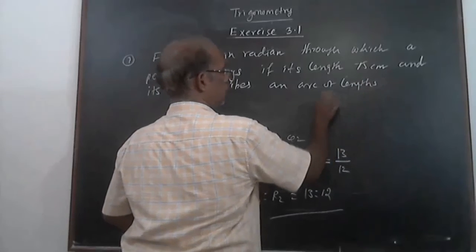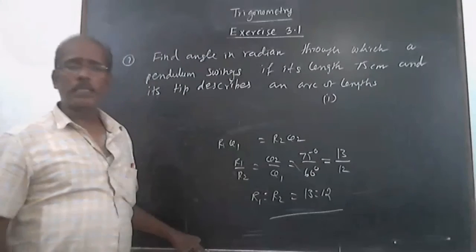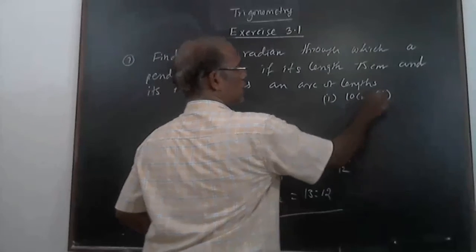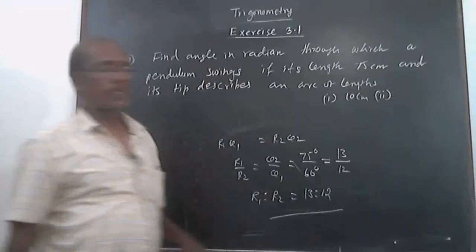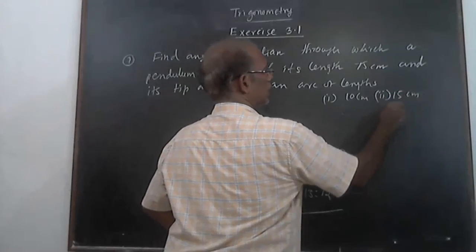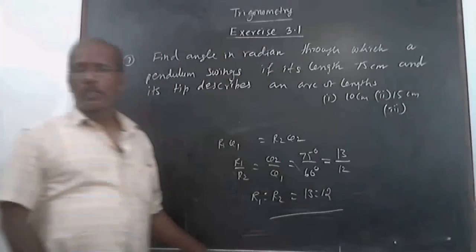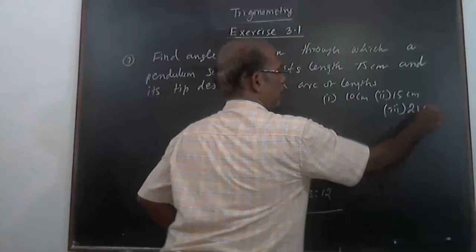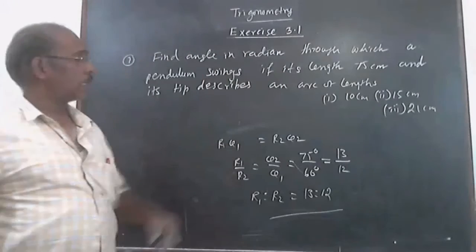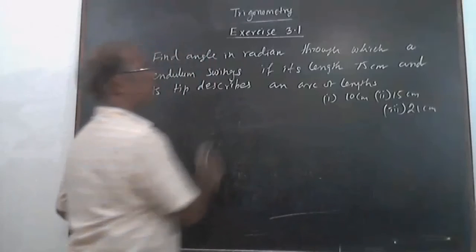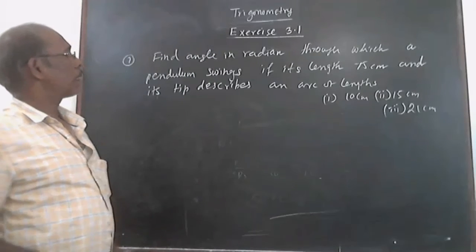Three different lengths are given. One is 10 centimeter. The second one is 15 centimeter. And the third one is 21 centimeter. Very simple question. I'll do the first part. You can try now the second and third part, following the same procedure.